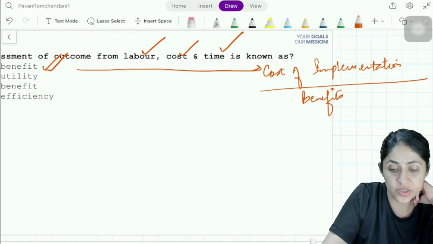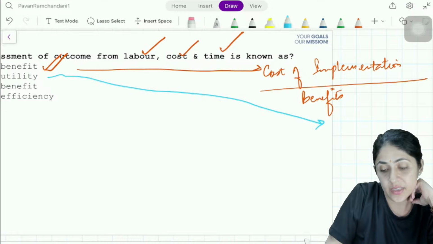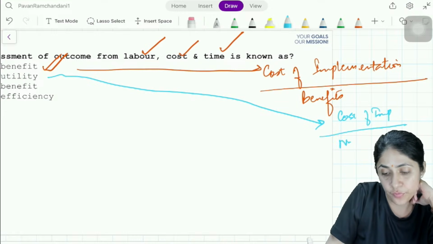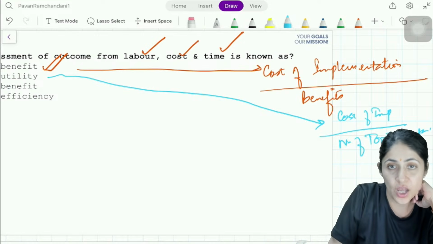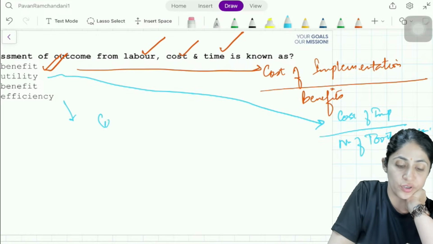What is cost utility? Cost utility is basically the cost of implementation upon the number of tooth surfaces that were carved. Cost efficiency is cost of implementation upon saving in cost of treatment.